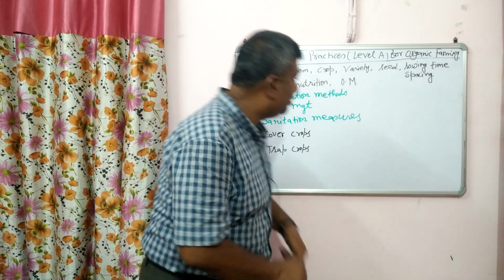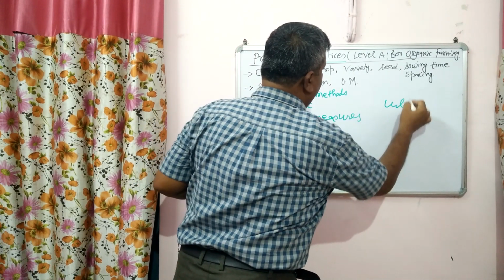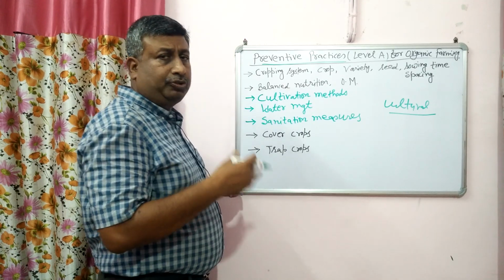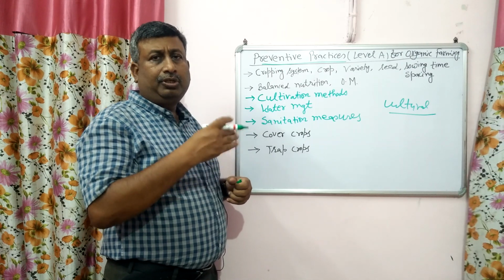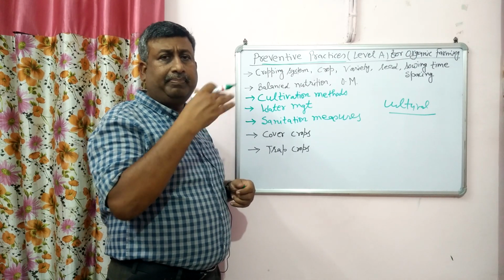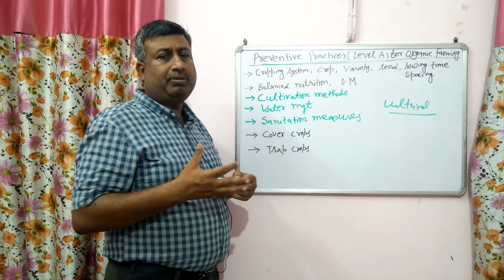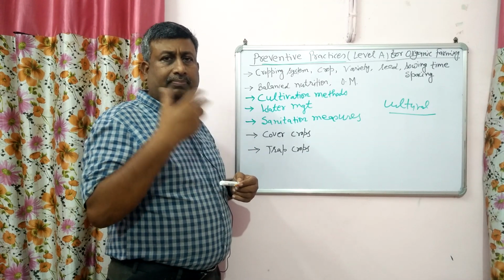In the organic system, these preventive practices are cultural methods, and the objective is to prevent the population of insects and disease from rising to a high level, beyond the economic level. Preventive methods of weed control are different, and a separate lecture covers weed control.